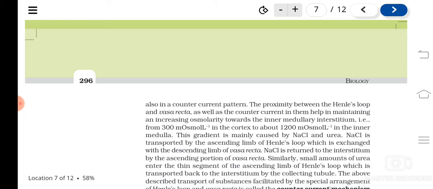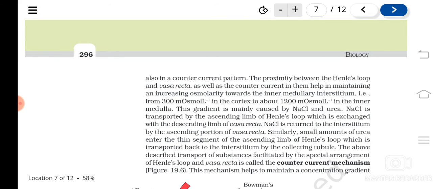So this gradient, meaning difference, is very important, and is maintained by sodium chloride and urea.